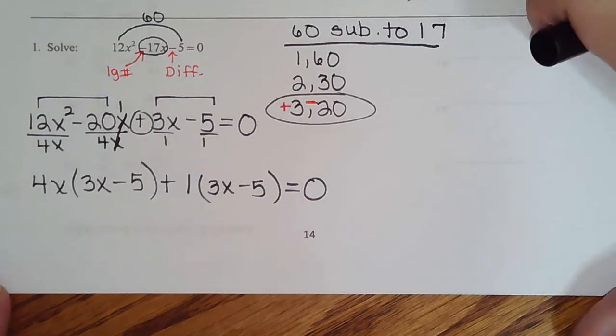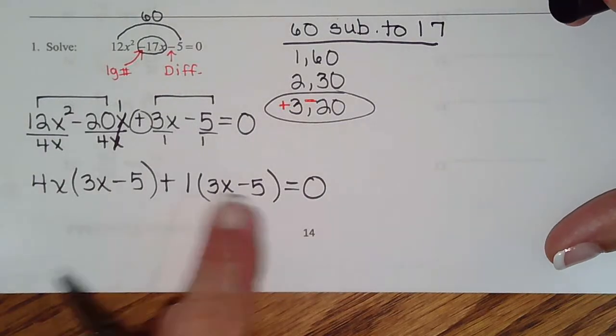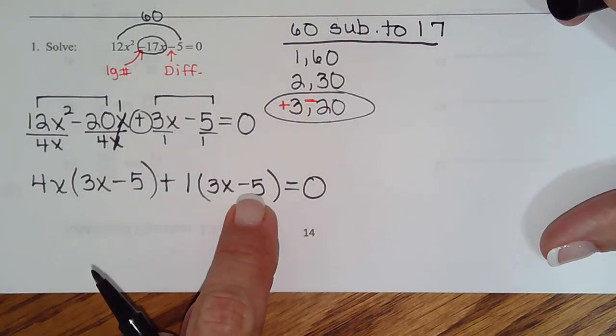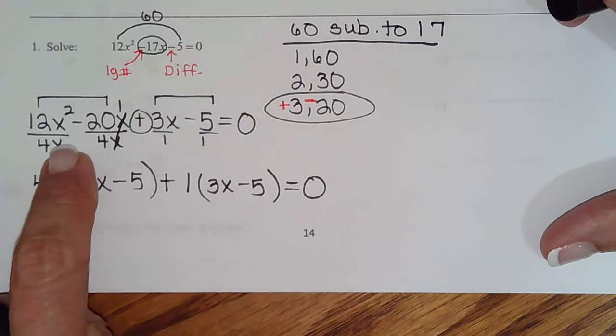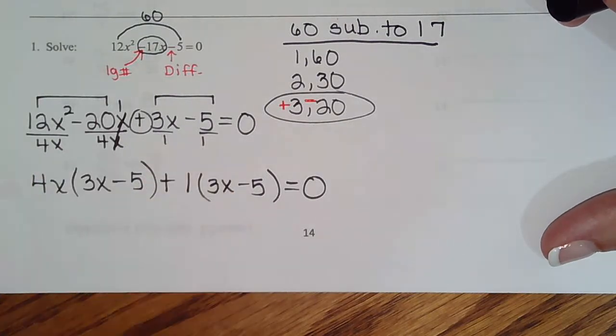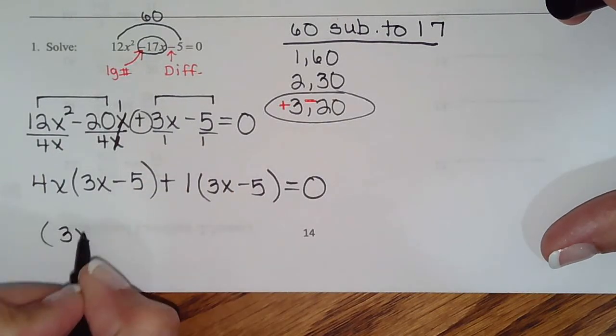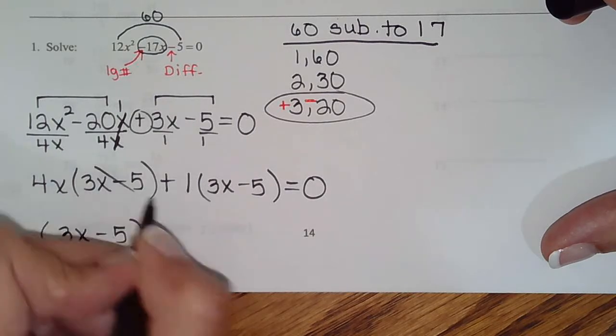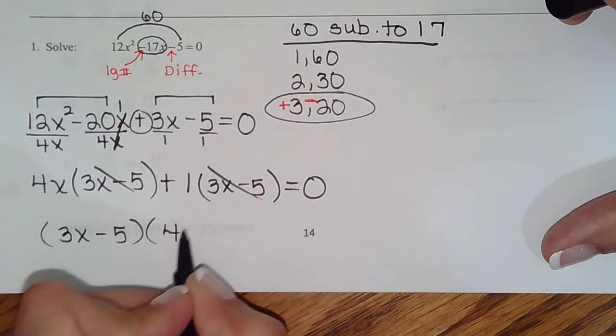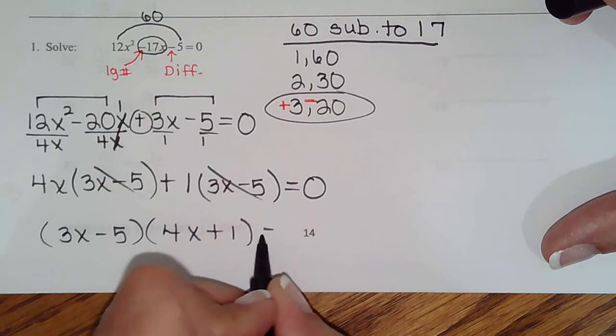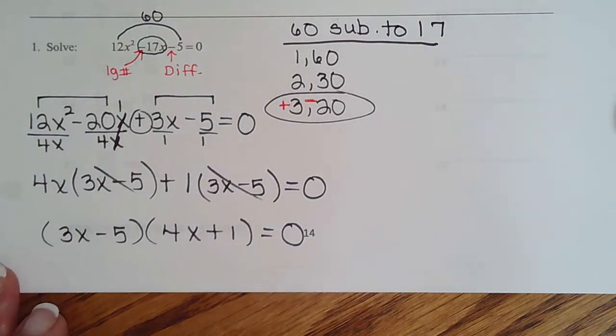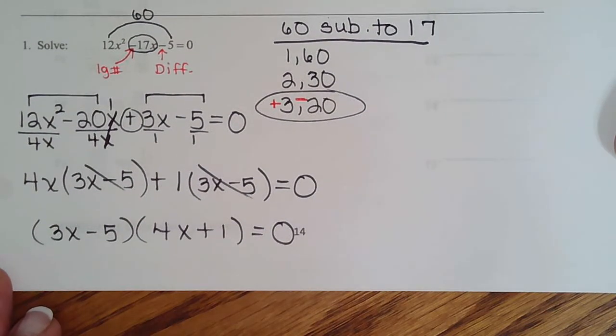And then we say, oh, we have another GCF, and we know we will if we've done it right because the AC method requires 3 GCFs. So our third GCF is this common binomial, 3x minus 5, and then we have 4x plus 1 in the second parenthesis. Now this is where we use our new zero product rule.